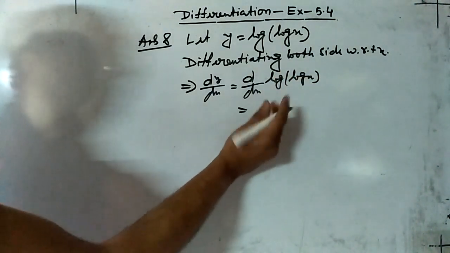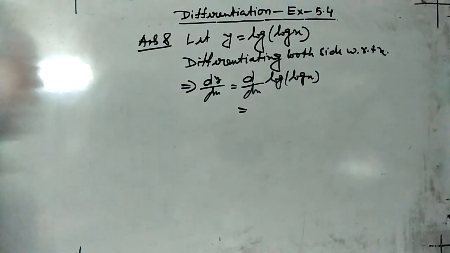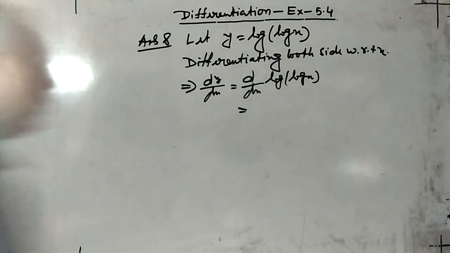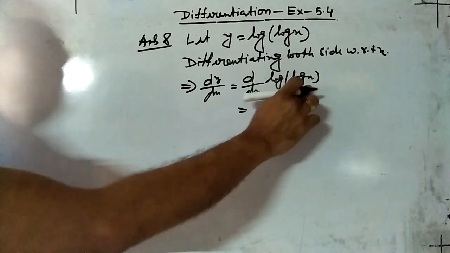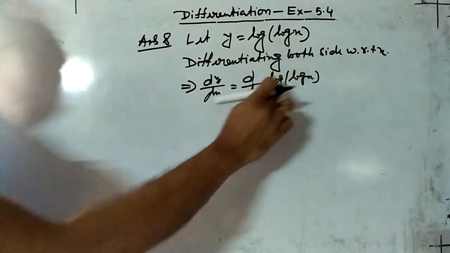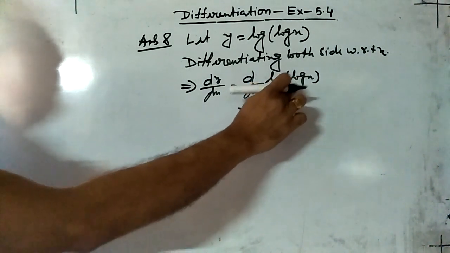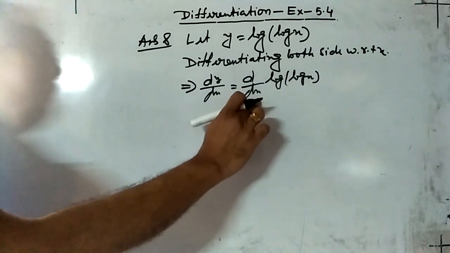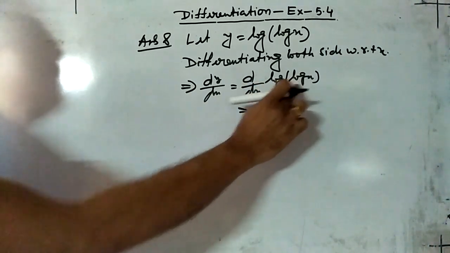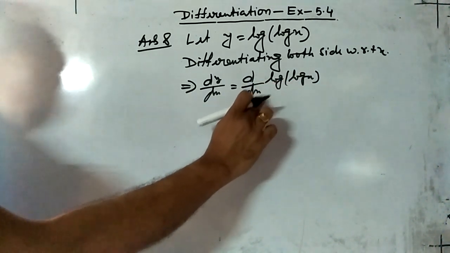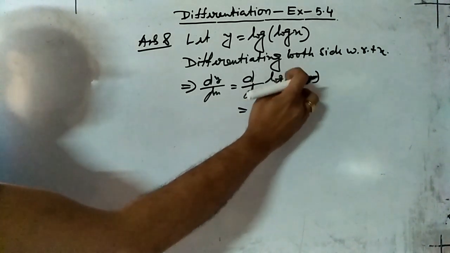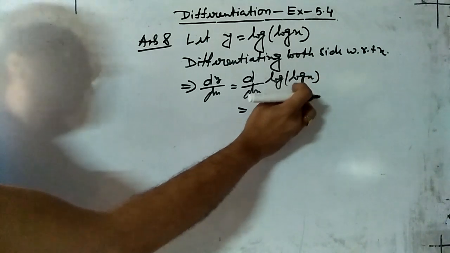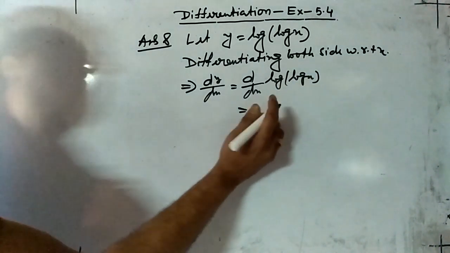Again, if it is log x, then its derivative is 1 by x, but here it is given log of log x. In place of x, log x is given. So we can't differentiate log of log x with respect to x, but we can differentiate log of log x with respect to log x. That means except log, whatever is given here, with respect to that term we have to differentiate.